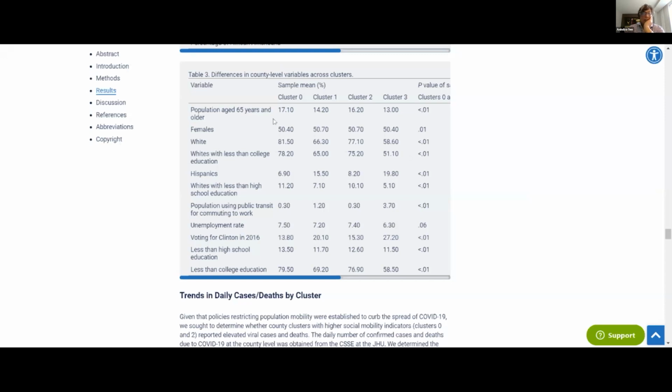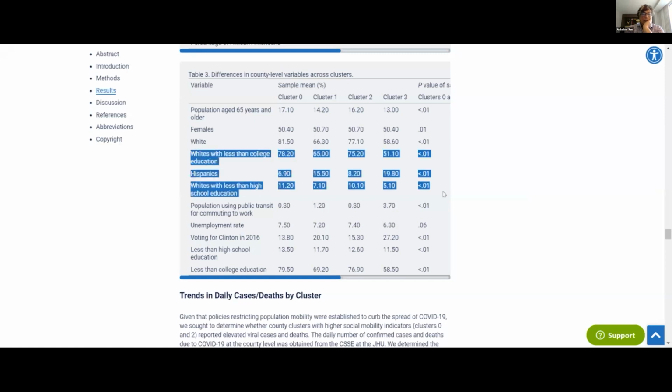What's interesting is cluster 0 had the highest proportion of elderly. But when you look at a pattern, it seems that education is extremely important, right?